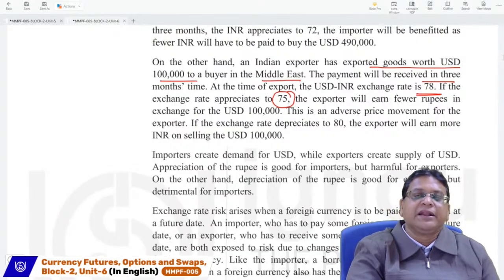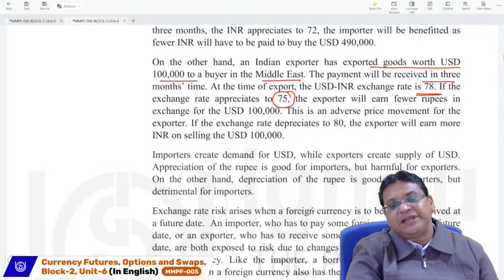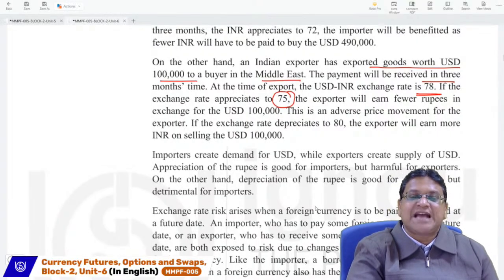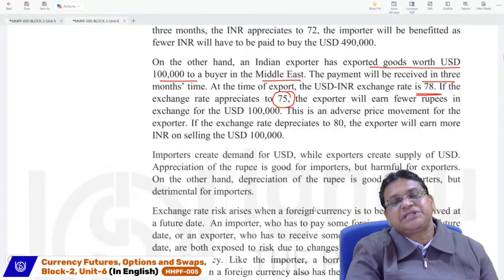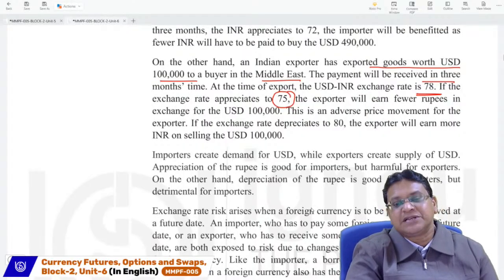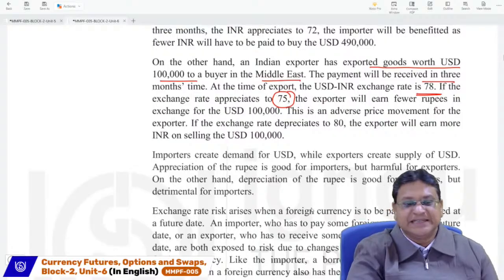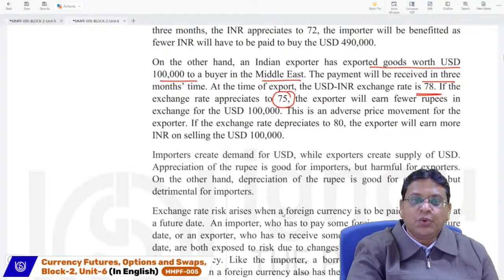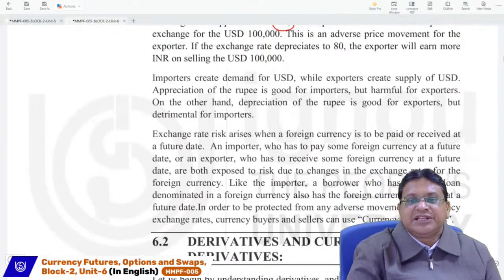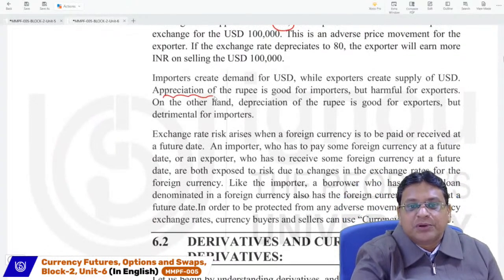When the domestic currency value increases or decreases, or if there is appreciation or depreciation of a currency in comparison to another currency, then the currency risk exists. Appreciation of the rupee is good for the importer.